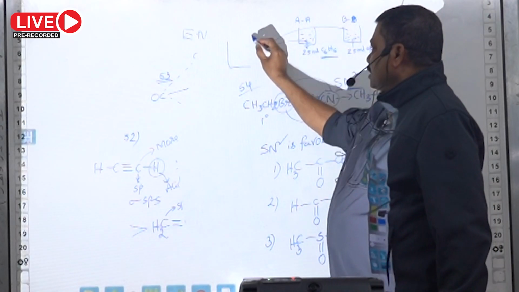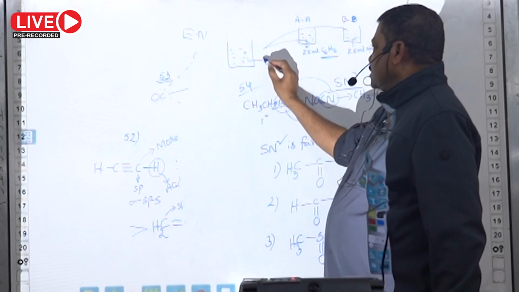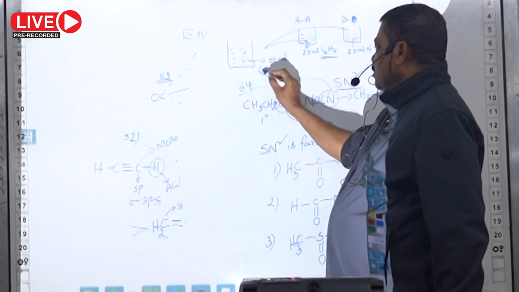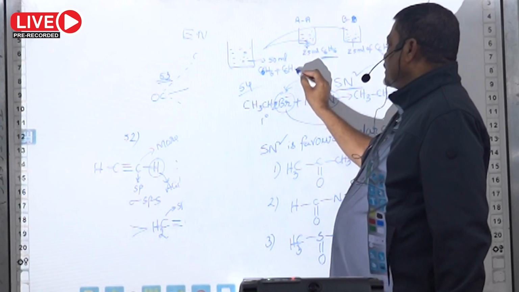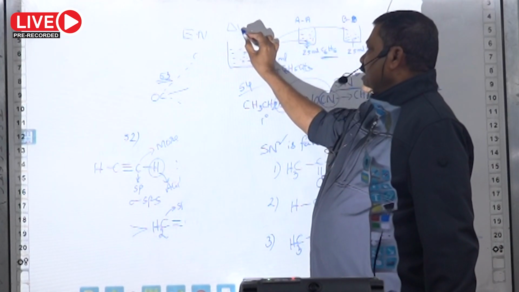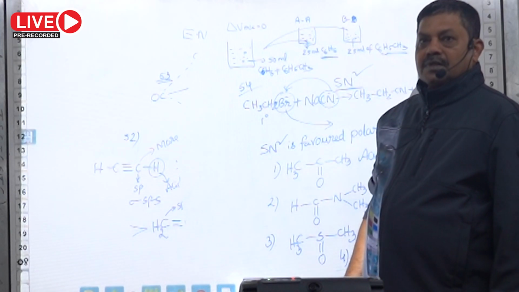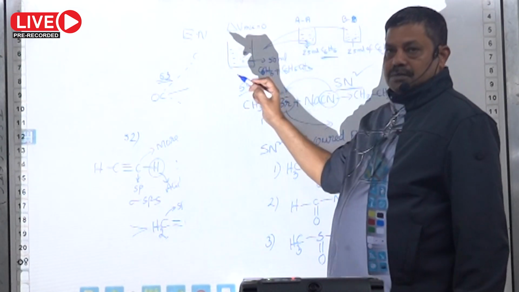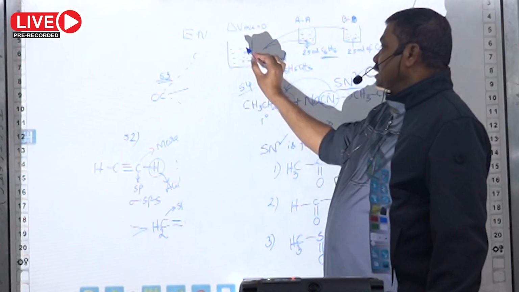Both are poured into another beaker. The resulting solution should be 50 ml. So the volume should not expand or contract. That's why we say delta V mixing is equal to 0. Similarly, by mixing these two, neither heat is absorbed nor released.